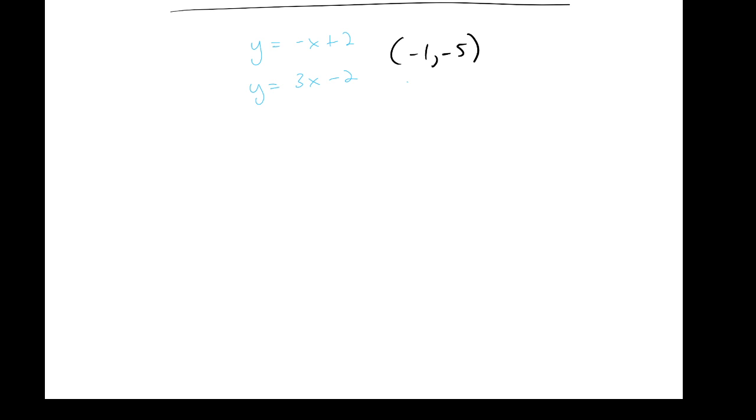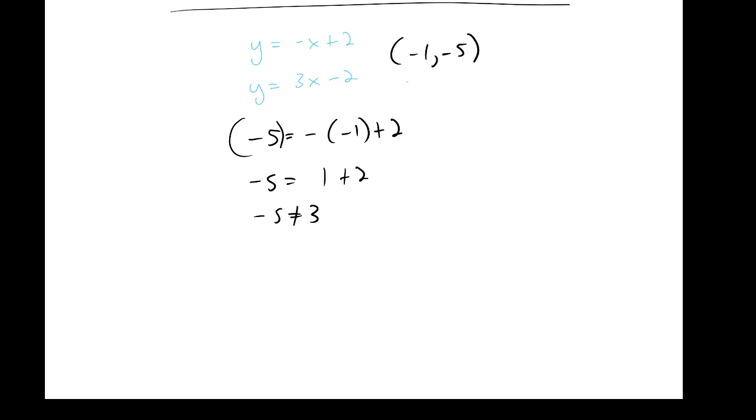It's got to work for both for it to be a solution. So the first one, we're going to have negative 5 for y is equal to negative 1 plus 2. And I think you guys already see this is negative 5 is equal to negative 1 plus 2, or negative 5, which is not equal to 1. So right off the bat, we already know this is not a solution.